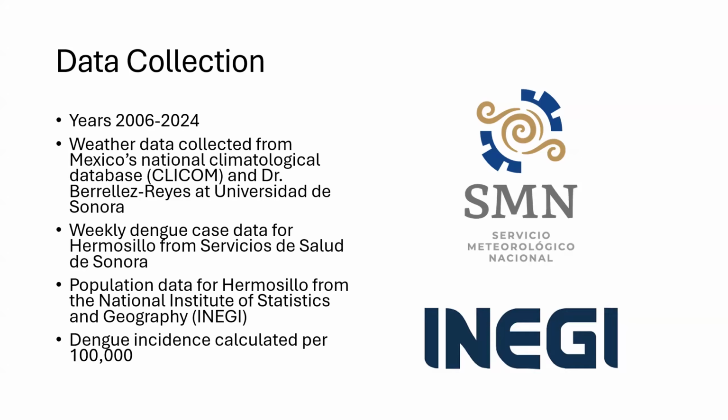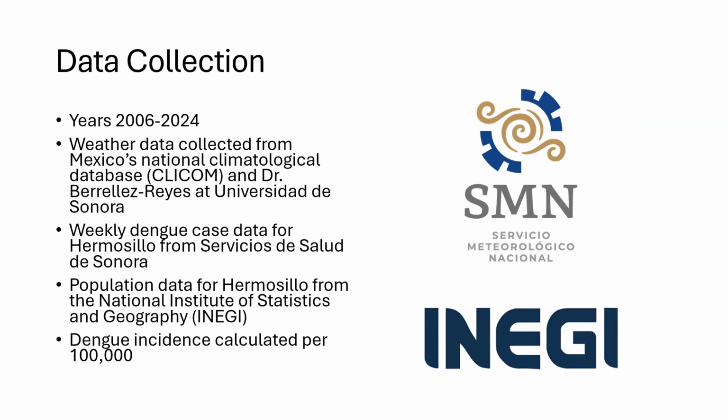And this was important because it let us convert our dengue cases into dengue incidence per 100,000, which gives us a more robust way to look at how much dengue is changing year to year because it accounts for the changes in Hermosillo's population.